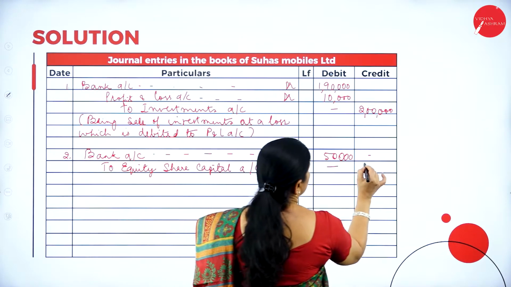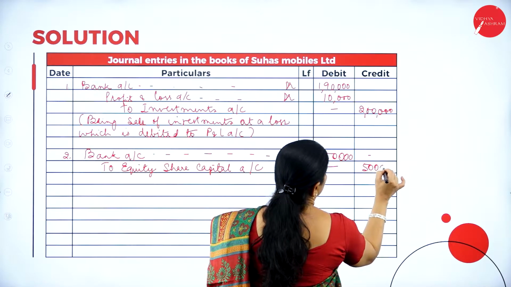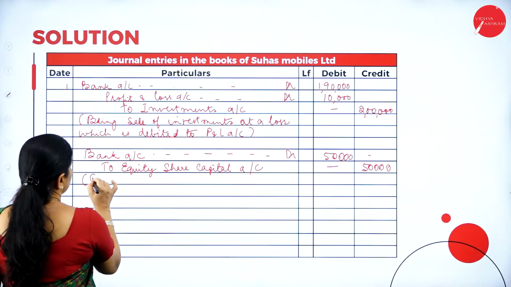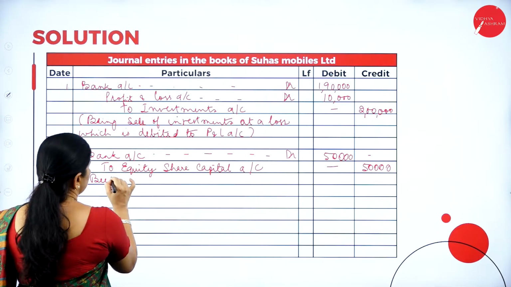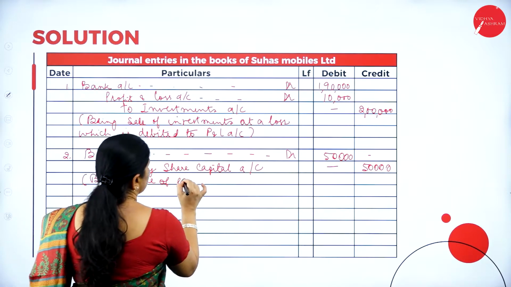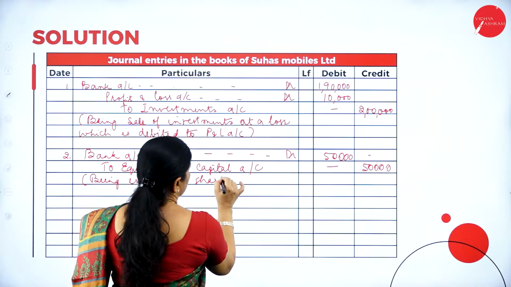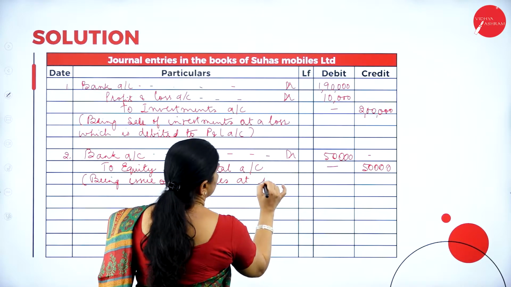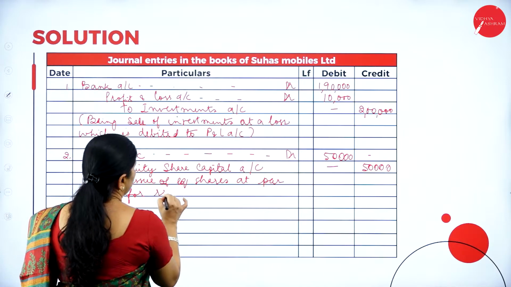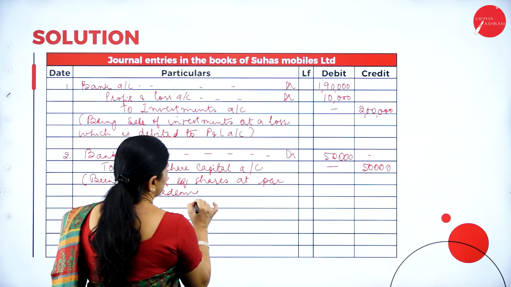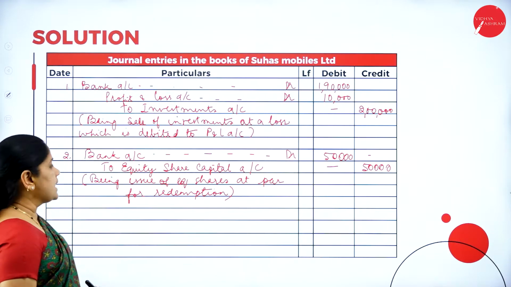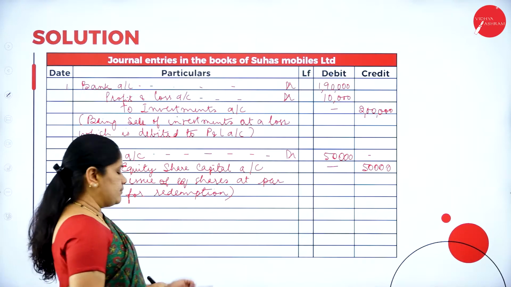To equity share capital account 50,000 being issue of equity shares at par for redemption. So, the equity shares are issued at par for redemption.